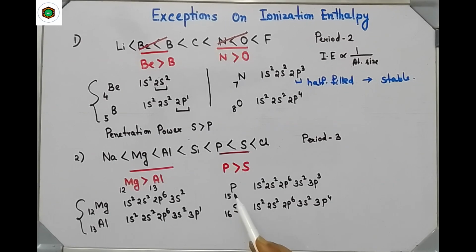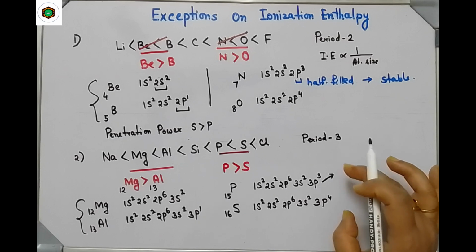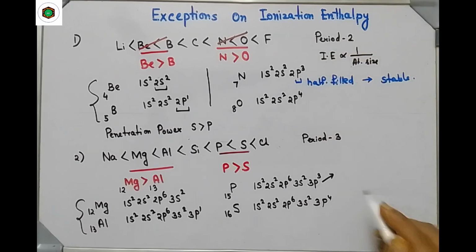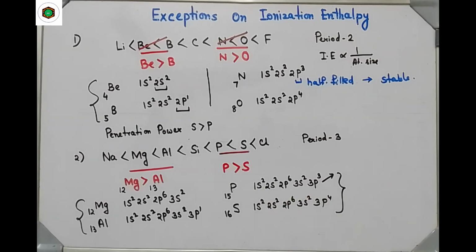Similarly, atomic number of phosphorus and sulfur are 15 and 16 respectively, and these are electronic configurations. So here it is half filled, exceptionally stable. So it's difficult to remove electron from that subshell, as I told you in this case. So for the same reason, it is having higher ionization enthalpy than this.